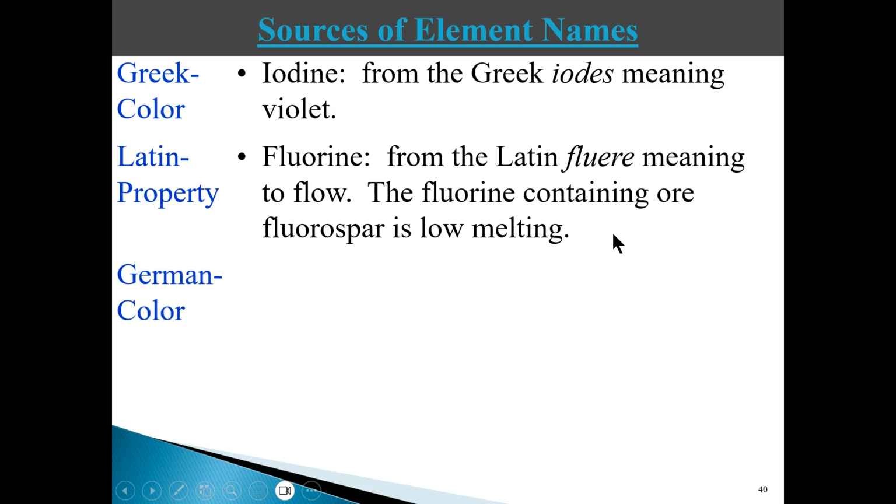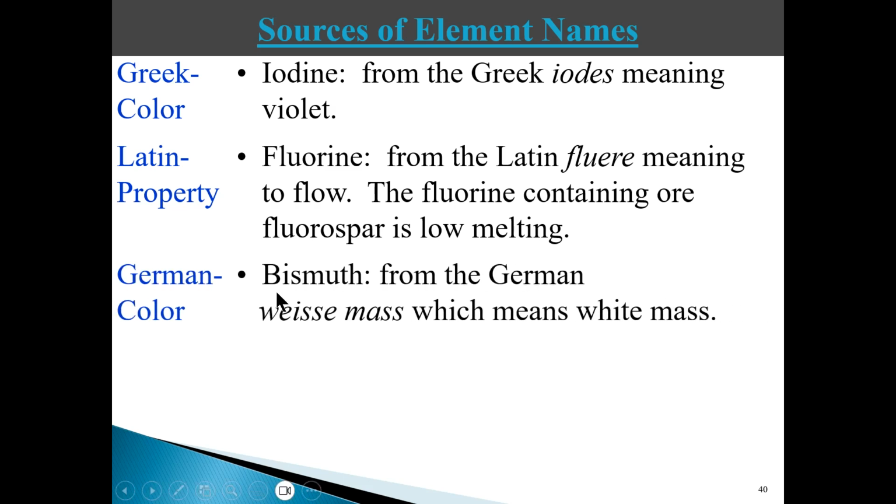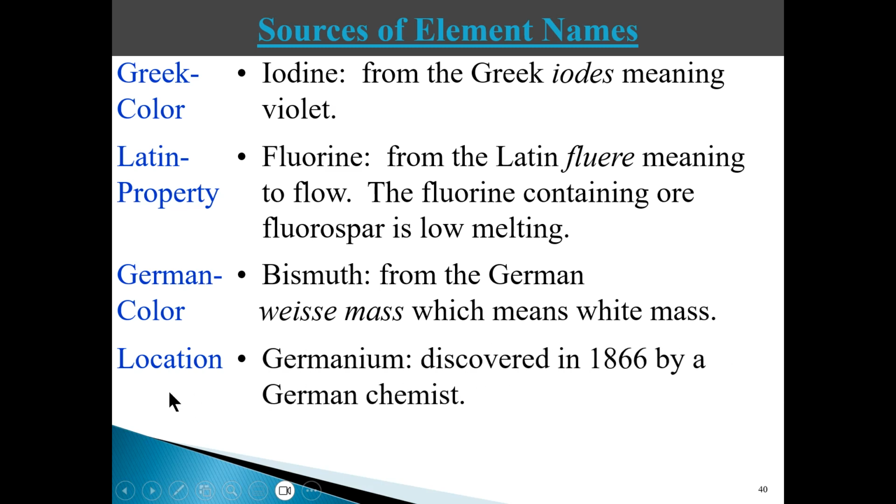Here's another example. Now, this is a German example, bismuth. I don't know the connection between bismuth and Weissmass, but German Weissmass means white mass, and therefore, basically, that's the name of this particular element. And then in this specific case, the name of this element is based on a country, actually.